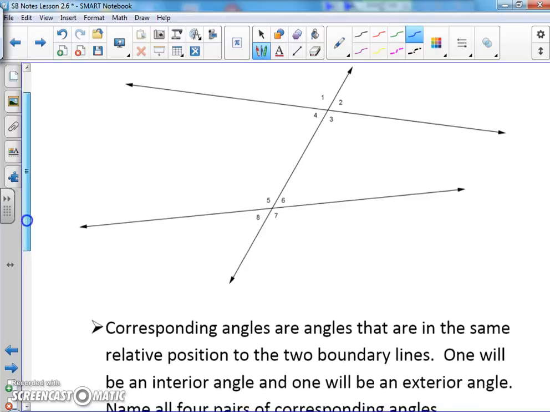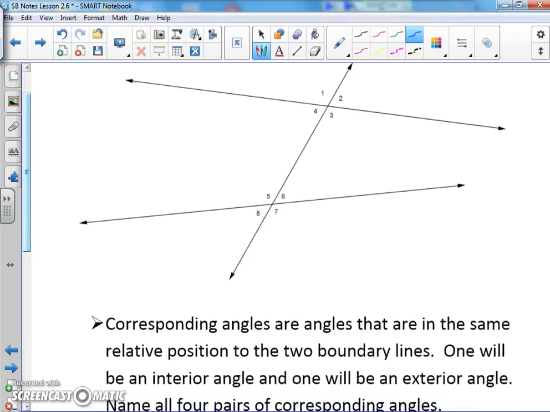All right, there's one more special pair that we've created, and these are called corresponding angles. If you notice with the others, they were either both exterior or both interior angles. Corresponding, you'll actually have one of each. What you want to do is imagine picking up one cluster of angles and setting it on top of the other cluster and looking at the two angles that would match up.